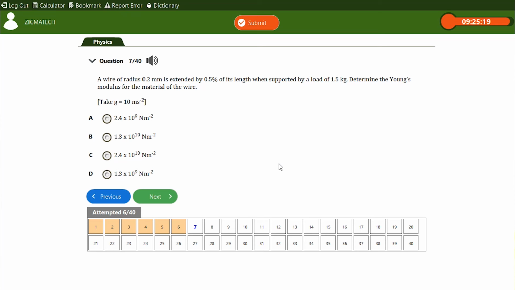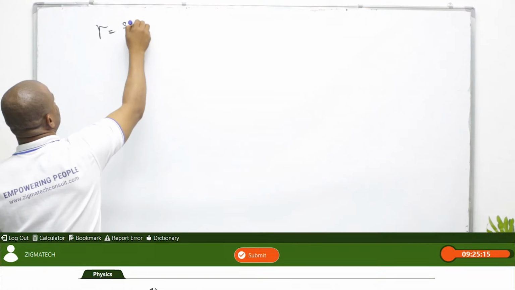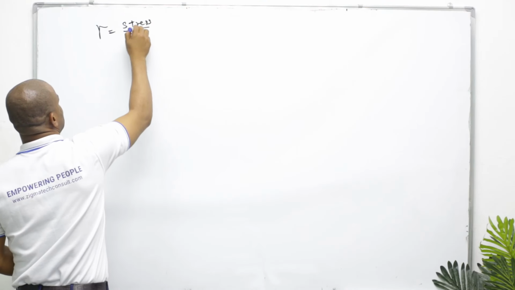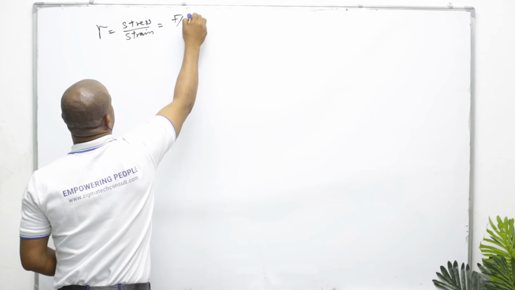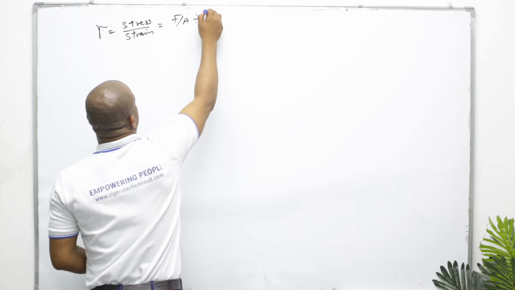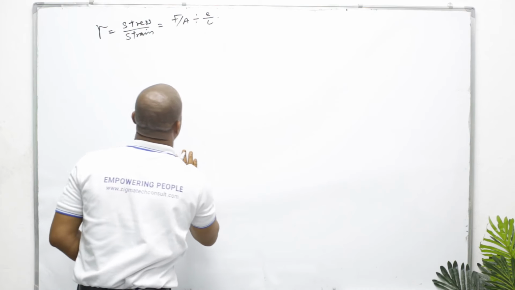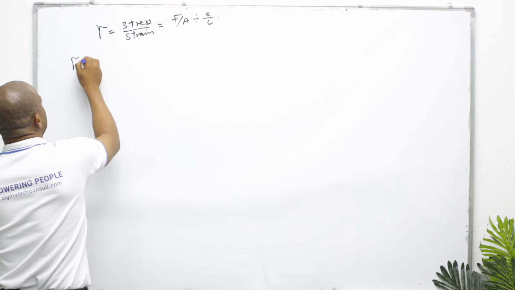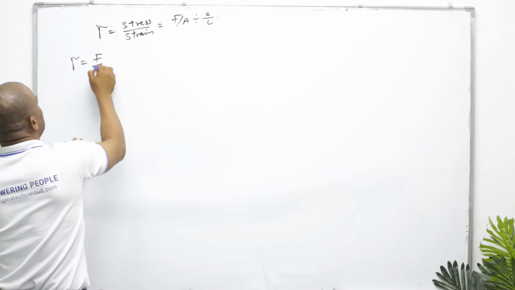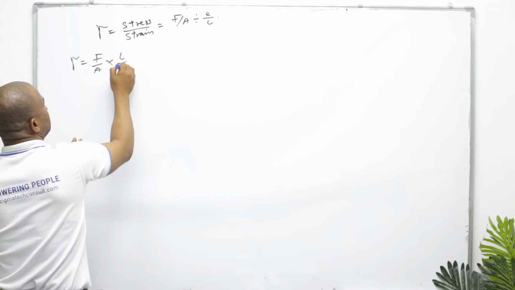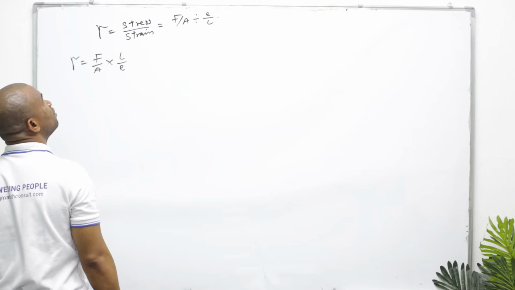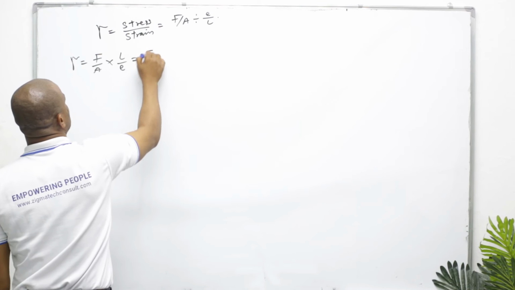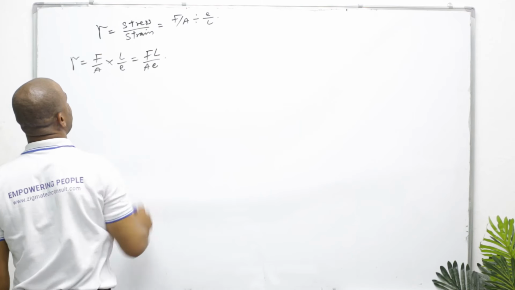Alright, Young modulus is equal to stress all over strain, and stress is F over area, divided by strain, which is extension all over length. So Young modulus is given as F over A times L over E, which is FL all over AE.